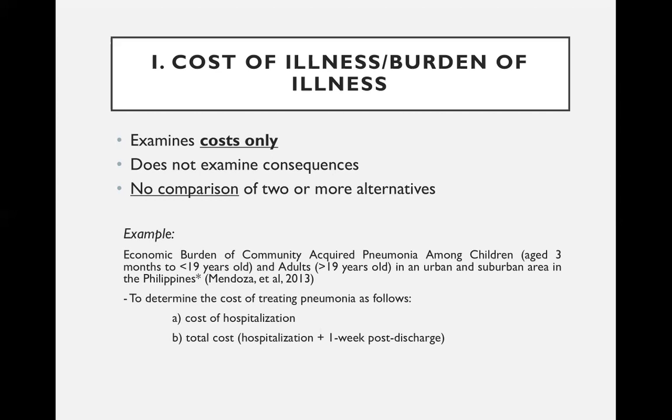So an example of this would be a burden of illness study on community-acquired pneumonia. No, you're not only looking at the cost of hospitalization, but you're also looking at the total cost of treating pneumonia. So this includes the hospitalization and the medications that the patient will need to take 1 week post-discharge. When you're doing your cost of illness or your burden of illness study, you need to define the direct and indirect medical costs.